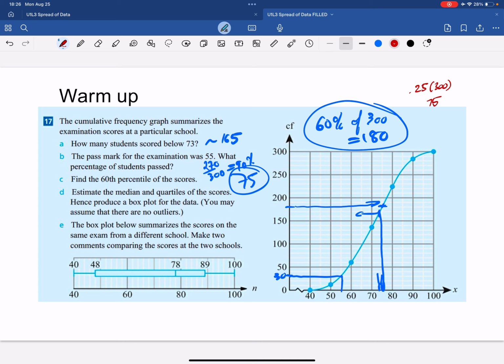So if we go over 75, looks about there. So this looks like maybe a 62 or so.